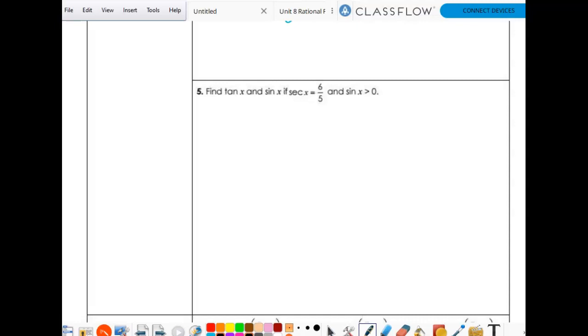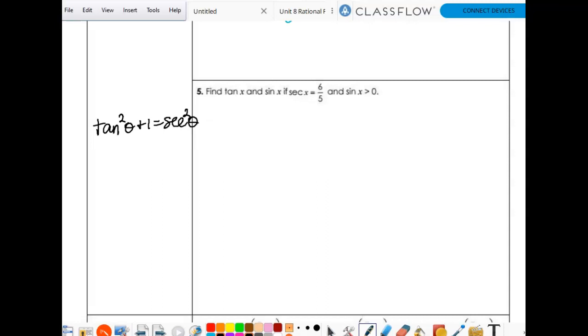I have tangent squared plus 1 equals secant squared. Okay. So I have this, so I feel like I can find my tangent. Do we agree on that?